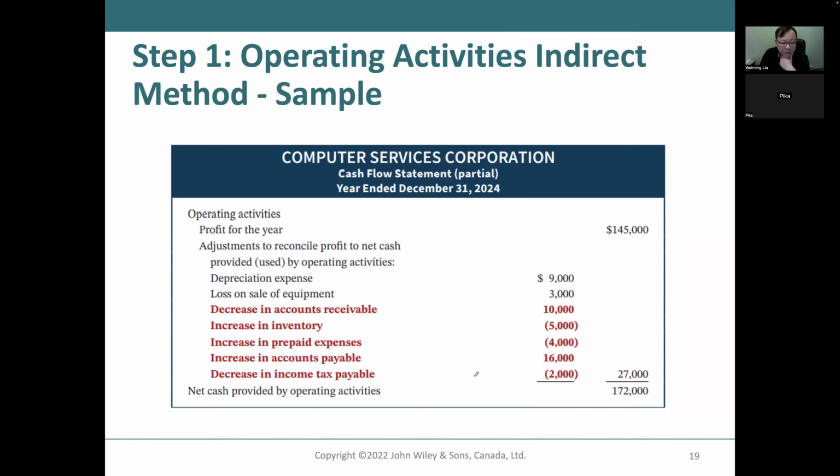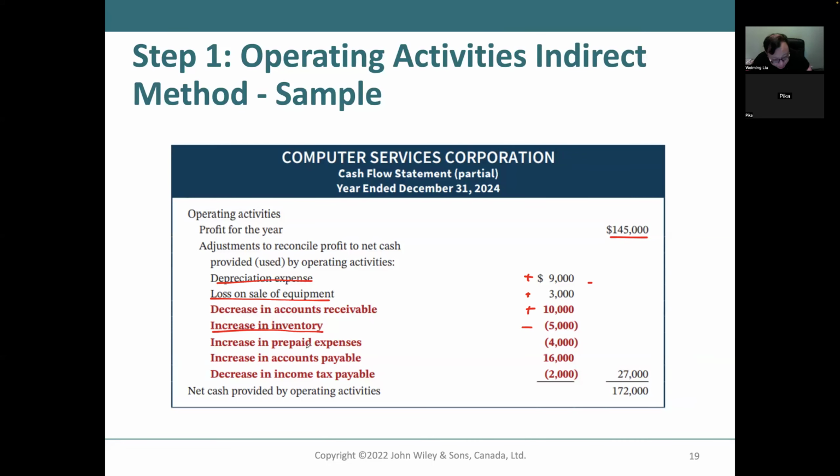In this example, they follow the format. They start with the profit for the year, and then they add 9,000 depreciation expenses. They add the loss on sales of equipment, and then accounts receivable, AR, decreased, so it's add. Then increase in inventory: inventory is a current asset, so increase in current asset, you deduct.